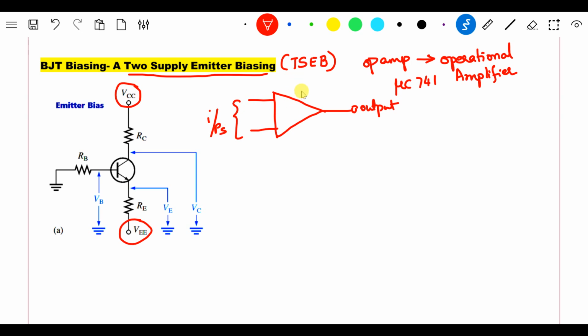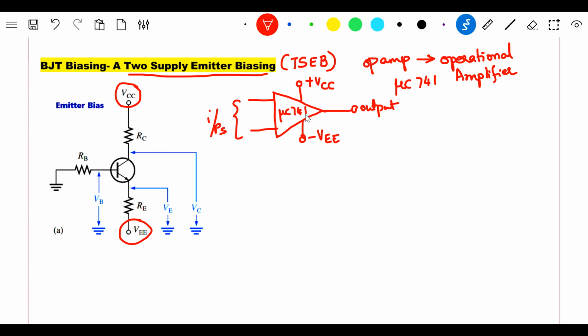The op-amp works on two supplies, one is plus VCC and another one is minus VEE. When you say an op-amp, the configuration used in it is nothing but what we are discussing now, which is two supply emitter biasing.